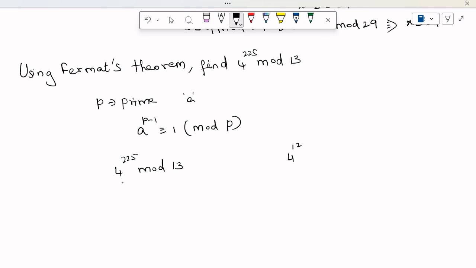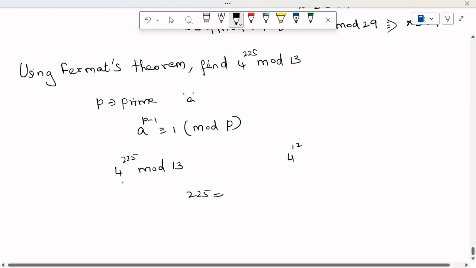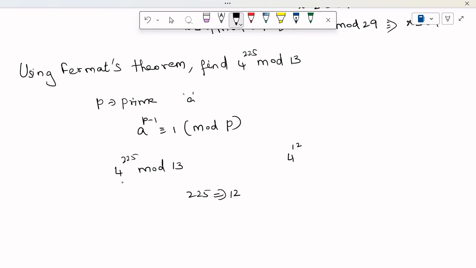That format we are going to try bringing out. So 225 can be written as 12 into 18 plus 9, right? 12 into 18 plus 9 is 225.